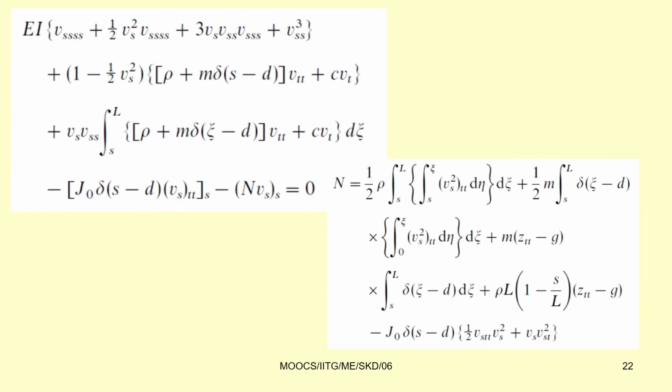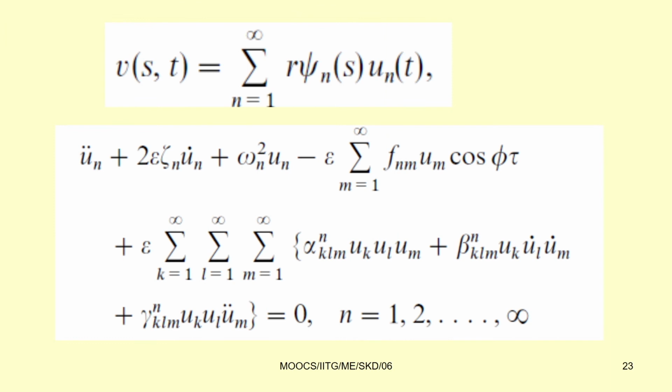One can use either the multi-mode generalized Galerkin principle or the single mode Galerkin principle, where n equals only 1. Then it reduces to psi(s) times u(t).